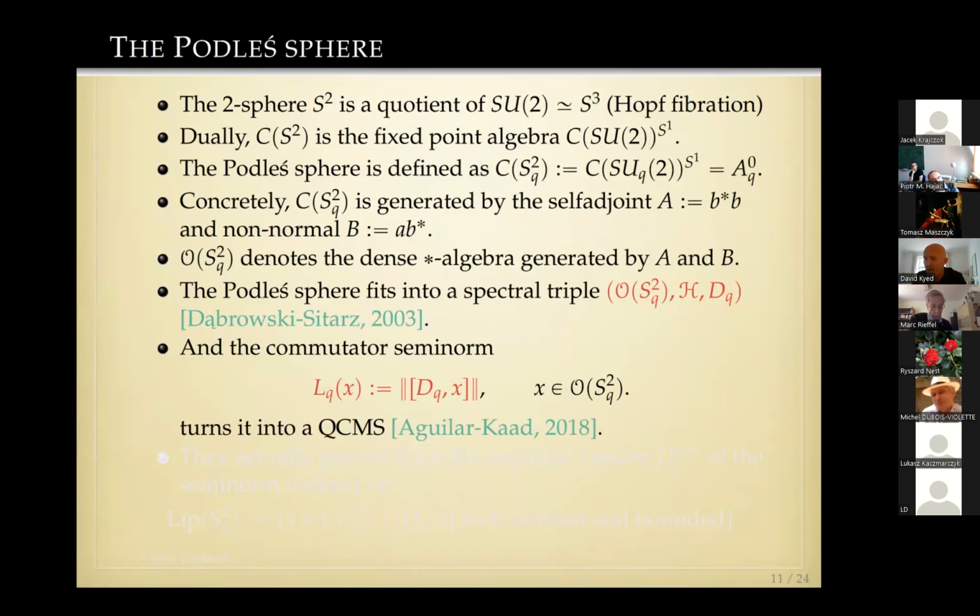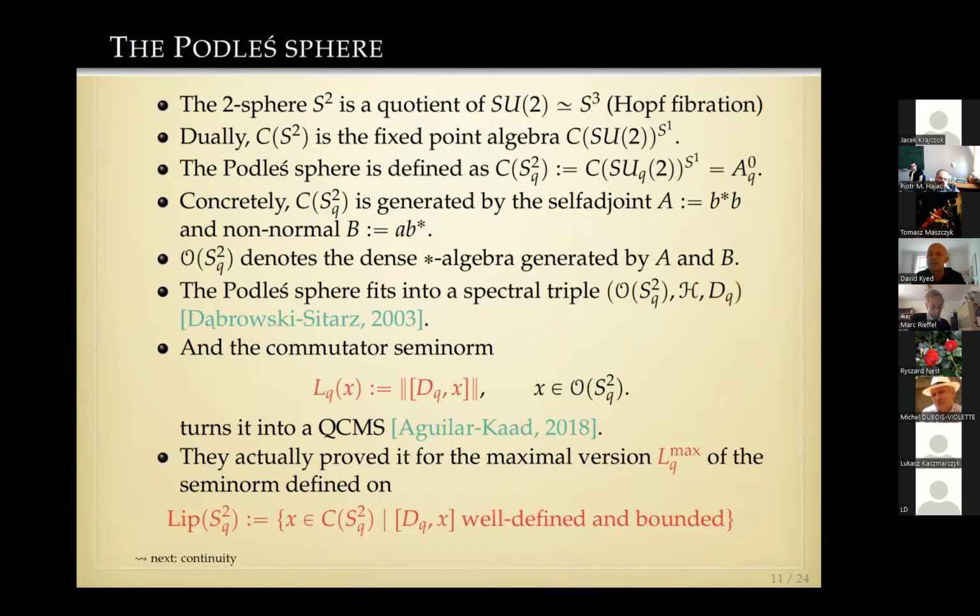They showed a little bit more because they actually extended this semi-norm to a maximal version of it. So even though you're not allowed to differentiate all functions, you can differentiate more than just polynomials. You can look at the biggest algebra or the biggest space, which turns out to be an algebra, where this commutator is well defined and bounded. So this is the quantum analog of the Lipschitz functions on the Podleś sphere, and they proved it for the maximal semi-norm.